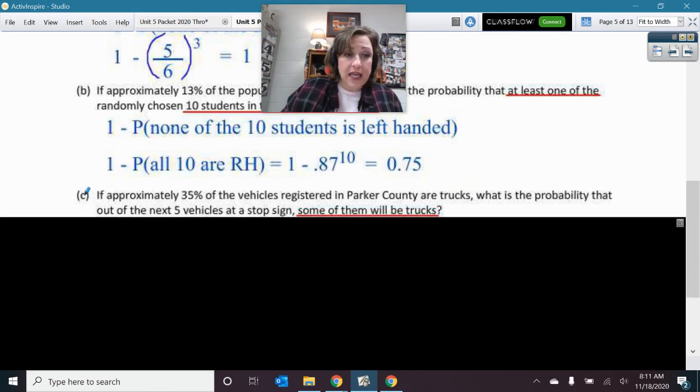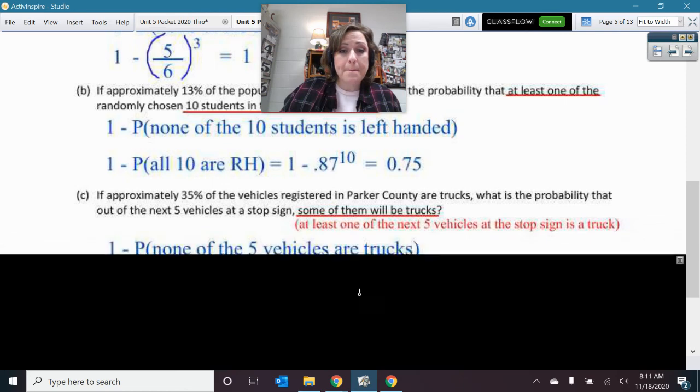So here we go. If approximately 35% of the vehicles registered in Parker County are trucks, what's the probability that out of the next 5 vehicles that come to that stop sign, some of them will be trucks? Some is another way of saying at least one of them will be a truck.